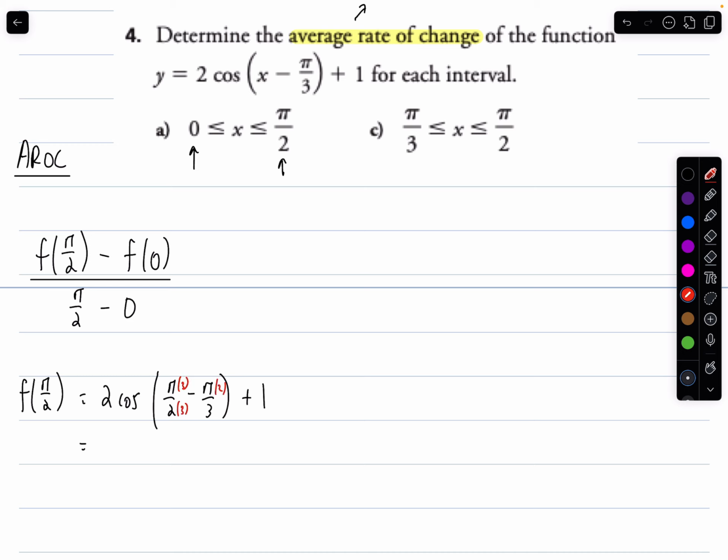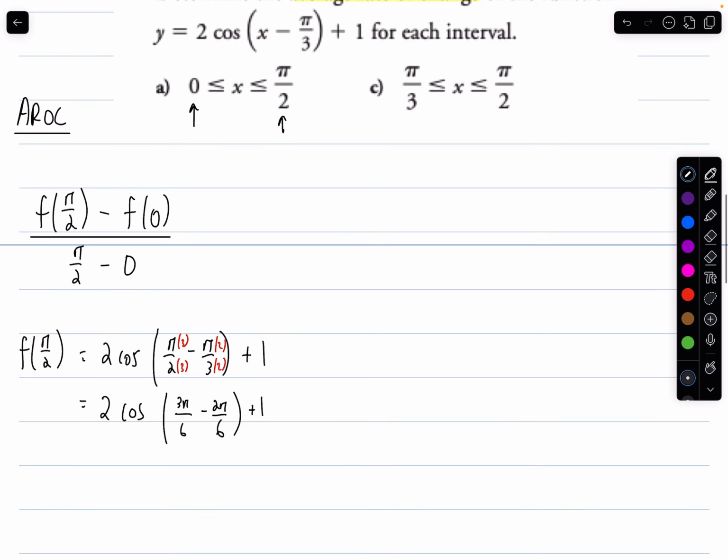Here we're going to multiply by 2. So what we're going to have is 2 cos of 3 pi over 6 minus 2 pi over 6, plus 1, which gives us 2 cos pi over 6 plus 1. So that's going to be your first guy.